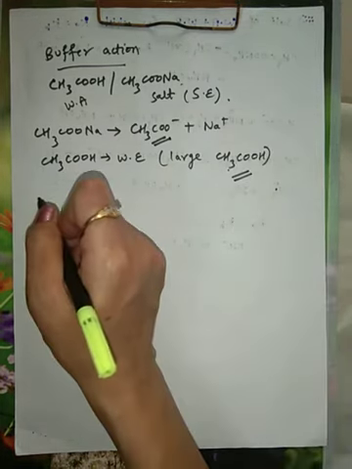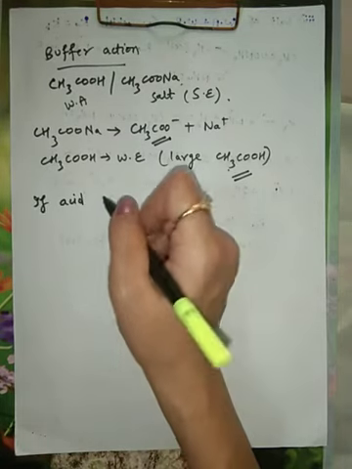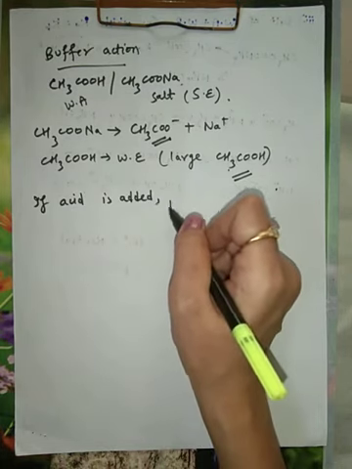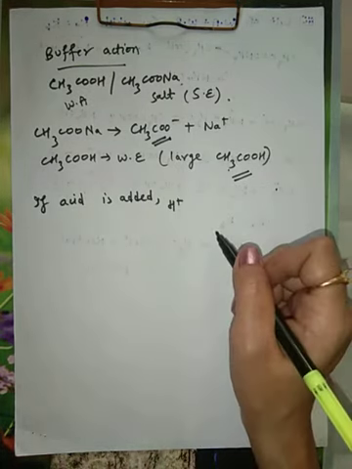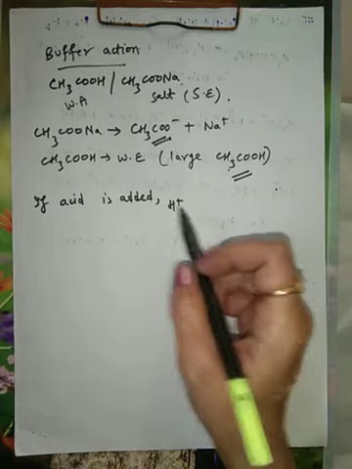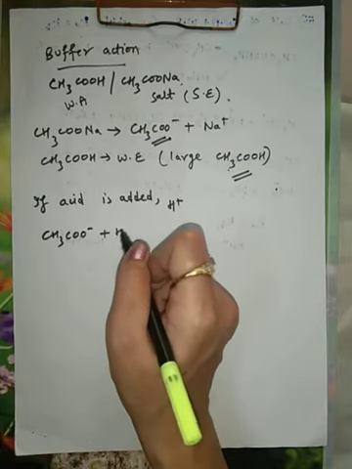Now suppose acid comes from the atmosphere. If acid is added as an impurity, what will happen? H plus will be increased, but this H plus, matlab the added acid, will immediately combine with acetate ion.